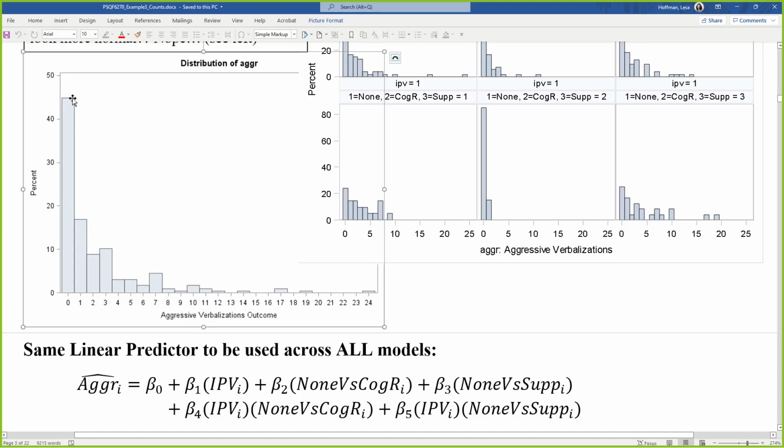That means, wow, I've got a lot of zeros right here, and then some kind of distribution otherwise that's heavily skewed. So this is very typical for a count outcome. It looks like there's a mixture of people here: there's people who it didn't bother, it didn't make them angry, and then there's people that did get angry and they reacted in a way that was codable. So the basis of her question when she came to see me is, what kind of transformation should she do to this outcome to make it more normal?